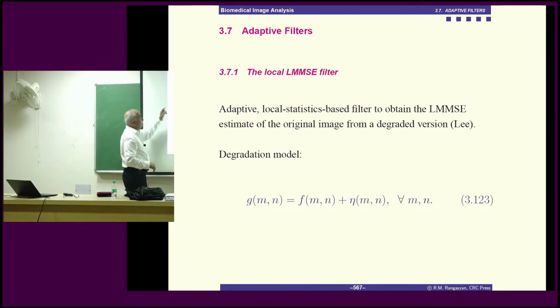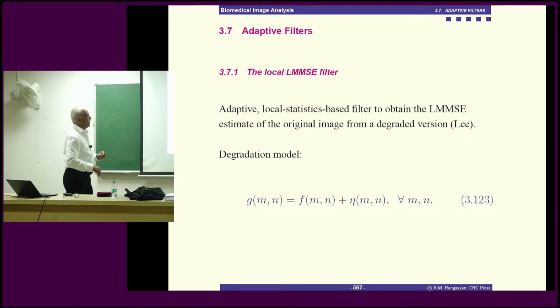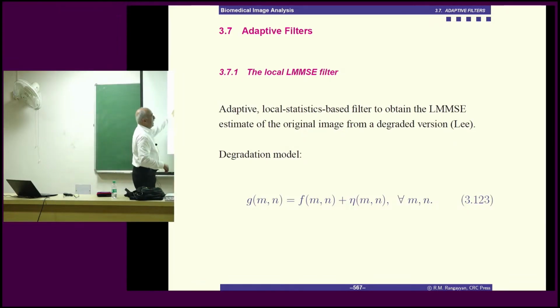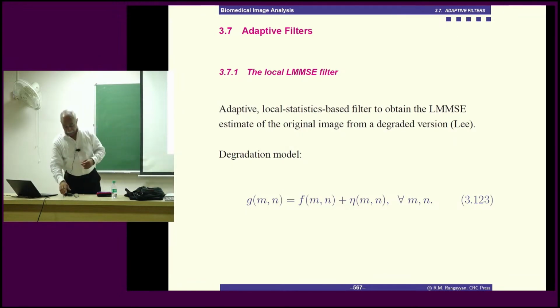So the adaptive local statistics based filter obtains the same formulation of a linear minimum mean squared error, LMMSE, but with another L that is local. Lee designed this filter. The degradation model is the same as before, G equals F plus eta, but now we keep the pixel index mn because the filter changes with mn.